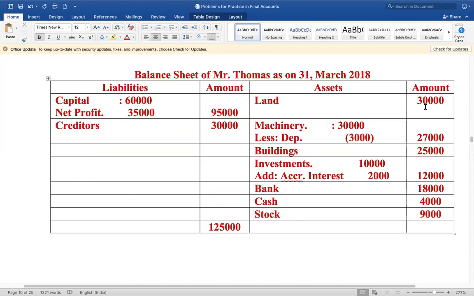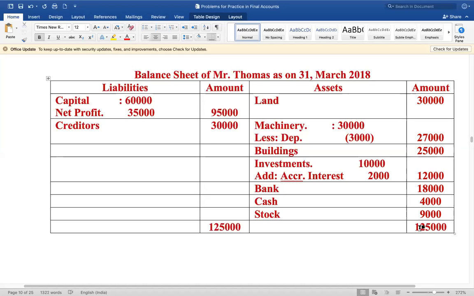And please check the total on the assets. 30 plus 27, 57, 57 plus 25, plus 12, plus 18, plus 4, plus 9. 1,25,000, sir. 1,25,000.